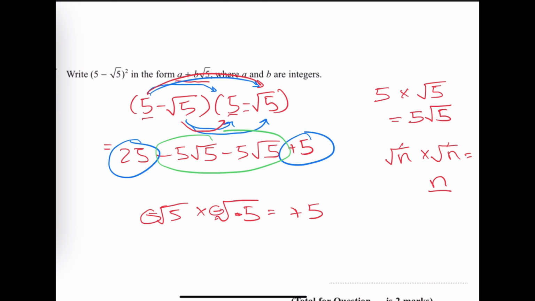So that just ends up being 30. And if you do minus 5 root 5 and minus 5 root 5, it's not timesing anymore, we just add the numbers outside and keep the surd like an x, so it'll just be minus 10 root 5.